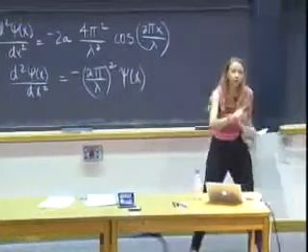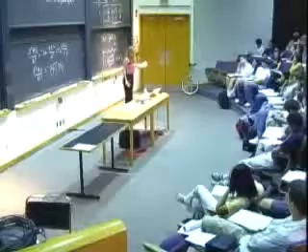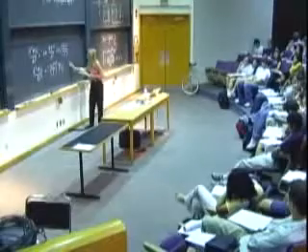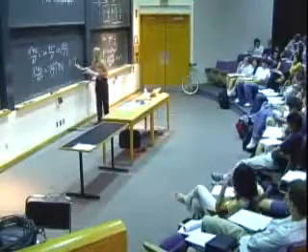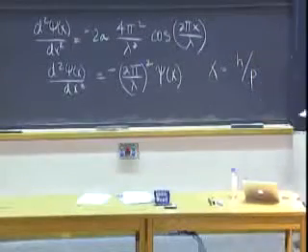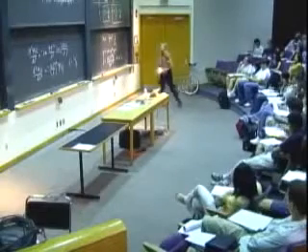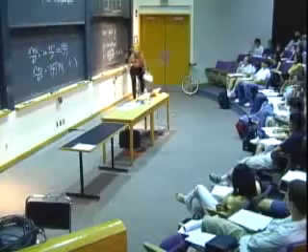And he knew how to do that because de Broglie told him. De Broglie said lambda is equal to h over p. Hey, that's pretty good.